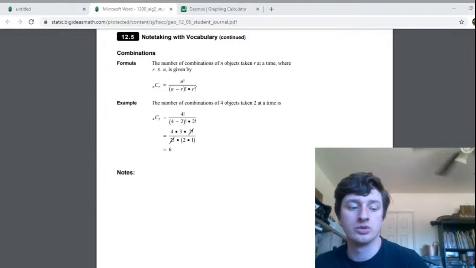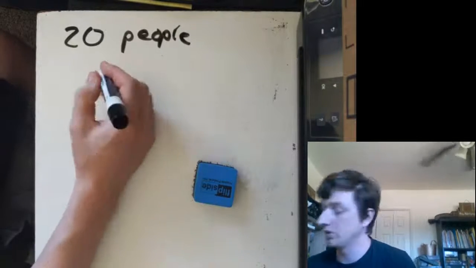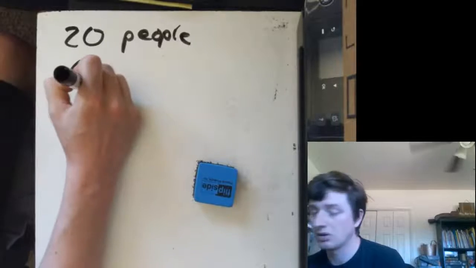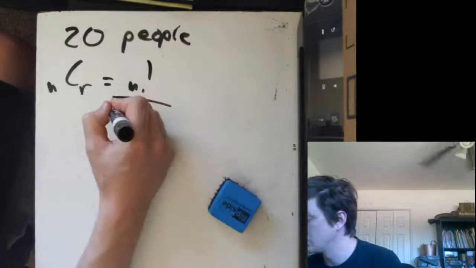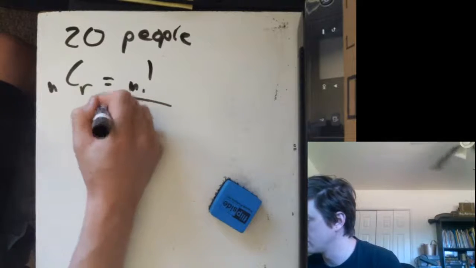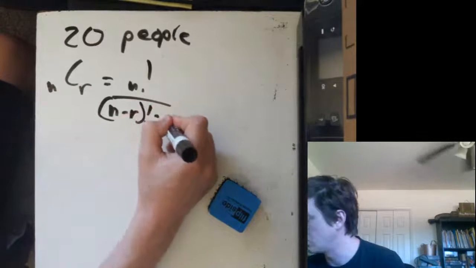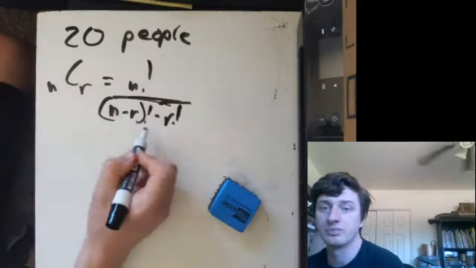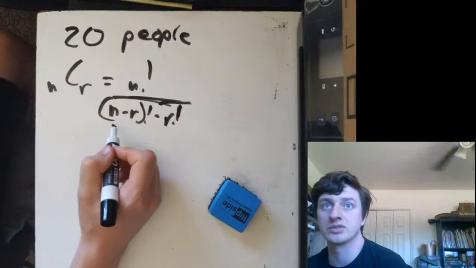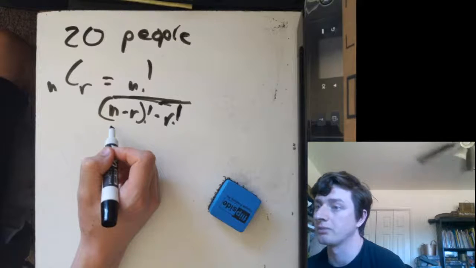So we would use our formula, which is nCr equals n factorial divided by (n minus r) factorial times r factorial. Basically, we're just dividing out all the duplicates, like we talked about on Tuesday.